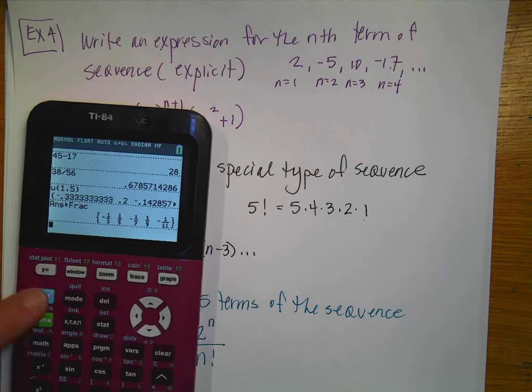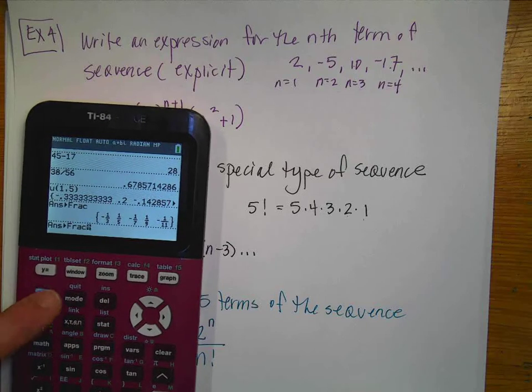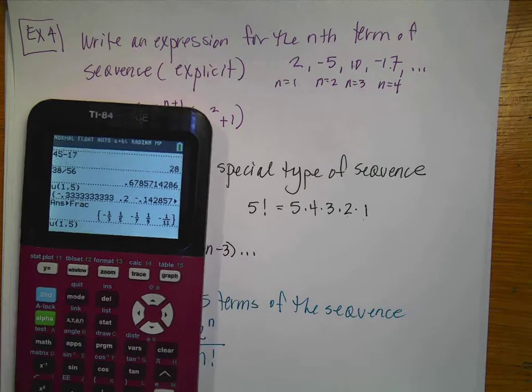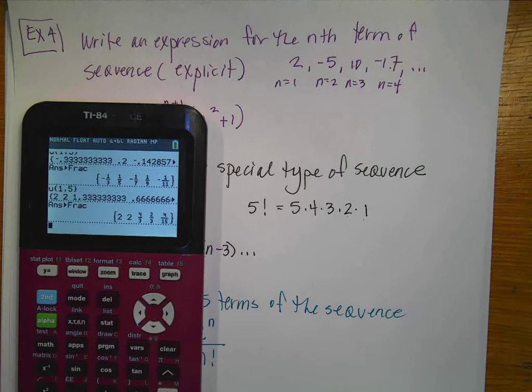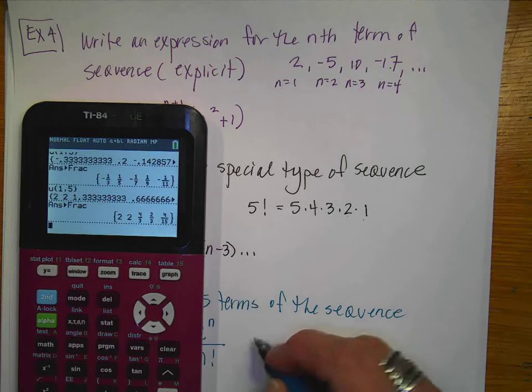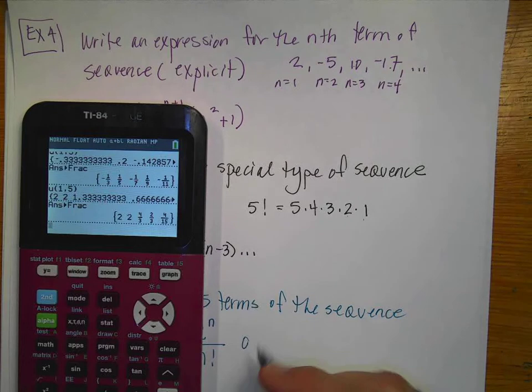I'm going to quit. The last time I did the math, I did the first 5 terms, so I'm just going to do second enter. There's the first 5 terms, and when I hit enter, math bracket, and there are the first 5 terms of the sequence.